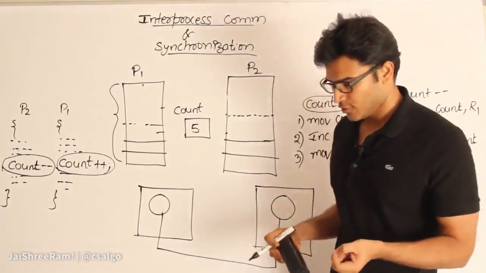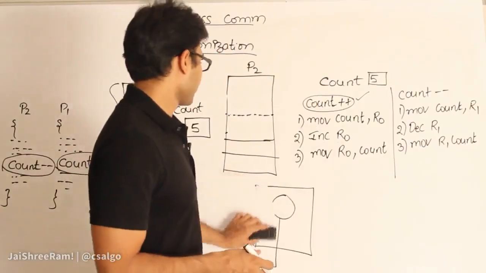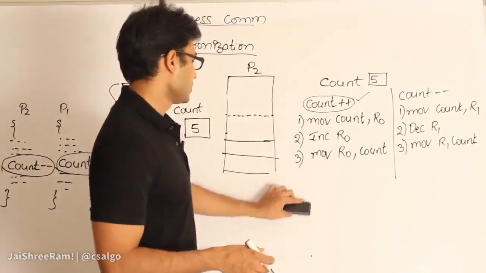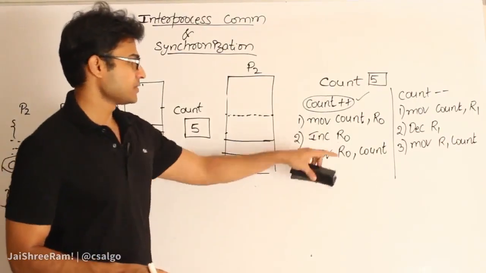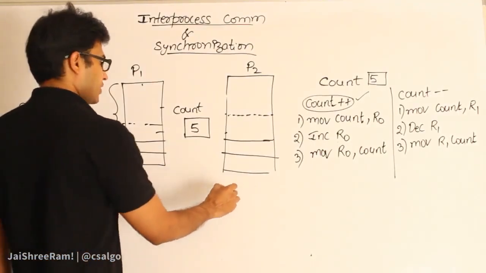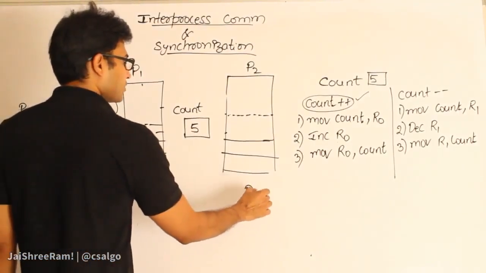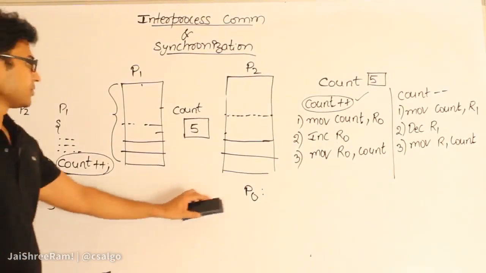Now in this scenario, I'll just take this example. See this. What did I say? Initially the value of count is 5 and we have these 3 instructions. Assume this sequence. For some time, assume that P0 is scheduled, right? So what does P0 have? P0 has P1 and P2, right?